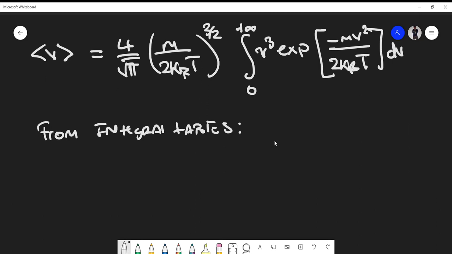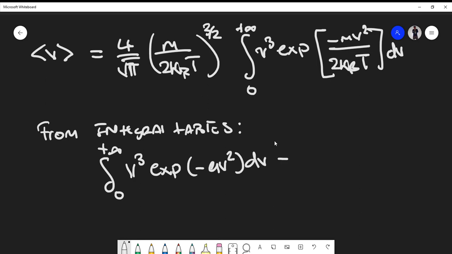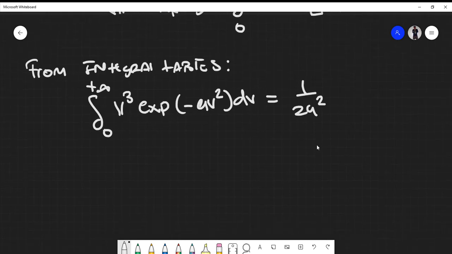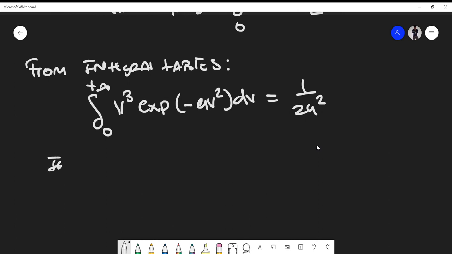And so essentially we take the integral from 0 to positive infinity of v cubed times the exponential of negative a v squared dv, and that is equal to 1 over 2a squared. Now in our case, when we took the integral, this constant a is actually equal to m over 2kbT.